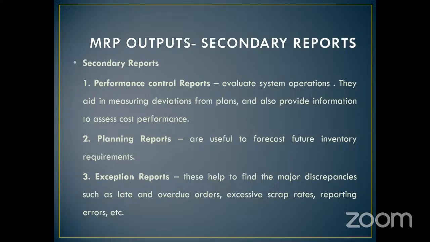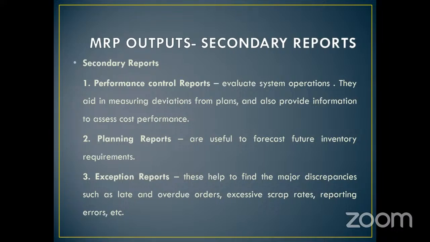Then the secondary reports. The secondary report consists of the performance control report. The performance control report means in which way a particular product will perform. Is it up to the expectation or beyond expectation?